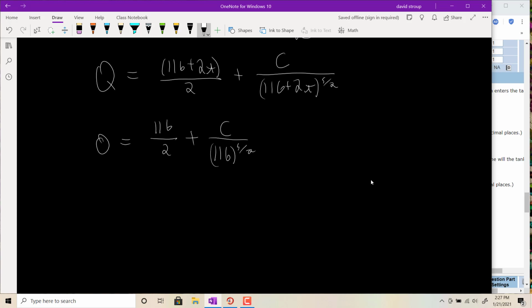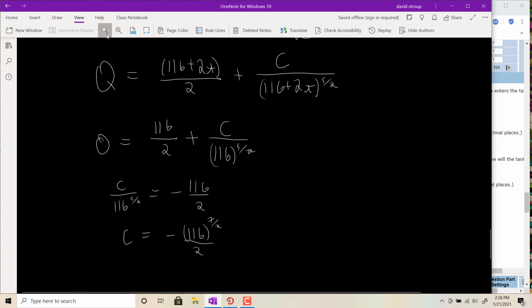Then solve for C. So we get C over 116 to the 5/2 equals negative 116 over 2. Multiplying both sides by 116 to the 5/2, adding exponents, 116 to the 5/2 times 116 to the 2/2 is 116 to the 7/2 over 2. Then we could rewrite our equation.